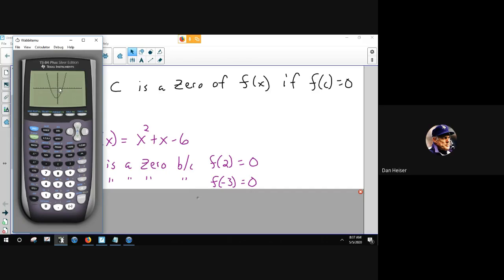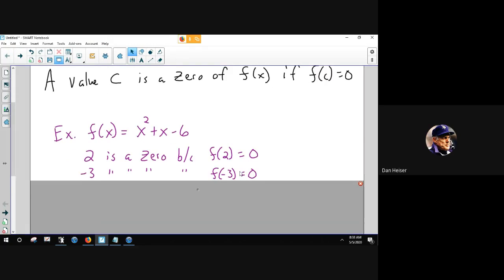Between negative 3 and 2, the values of the function are all negative. To the right of 2, the function values are positive. So in this particular case, negative 3 and 2 represent a transition from where the function is positive to where the function is negative. They are also important points for another reason.